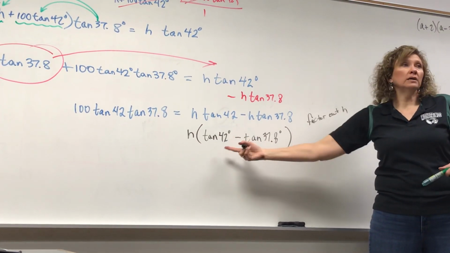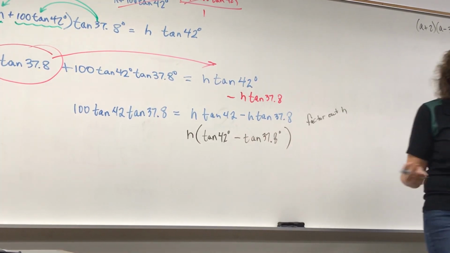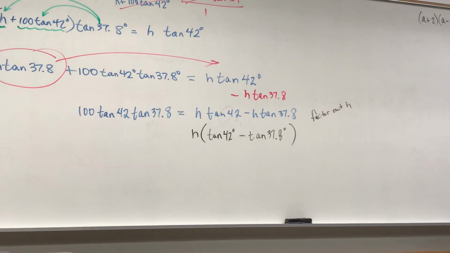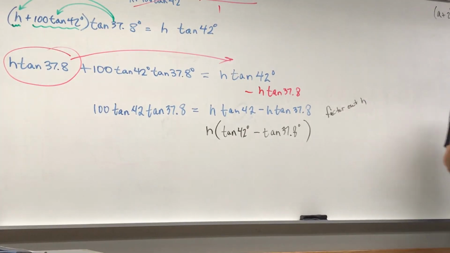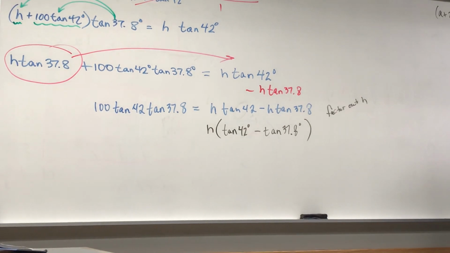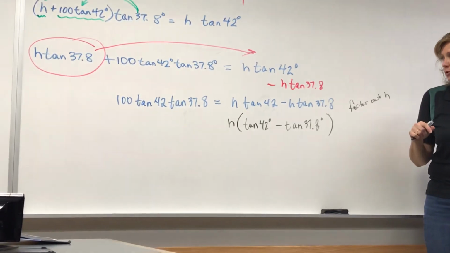You cannot simplify these. You can't just decide to subtract 42 and 37.8 and put tangent in front of it. It doesn't work that way. So you just leave it tangent of 42 minus the tangent of 37.8.